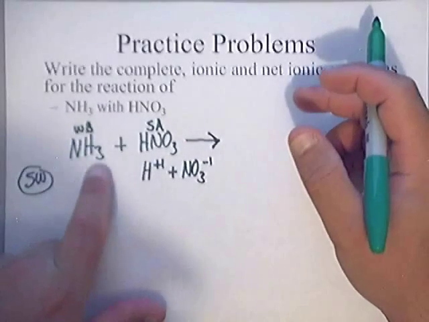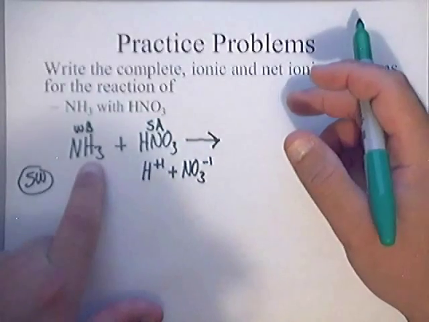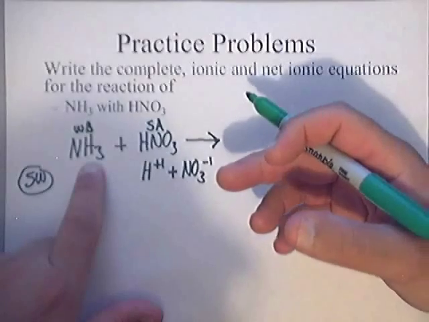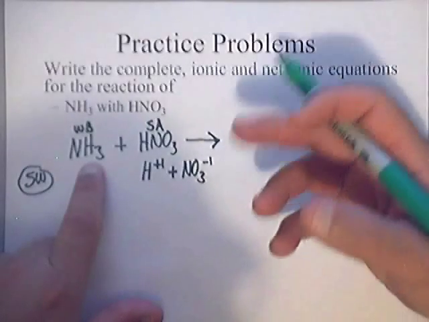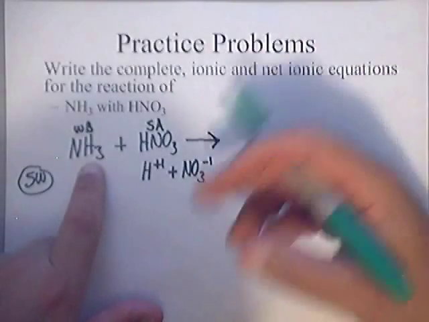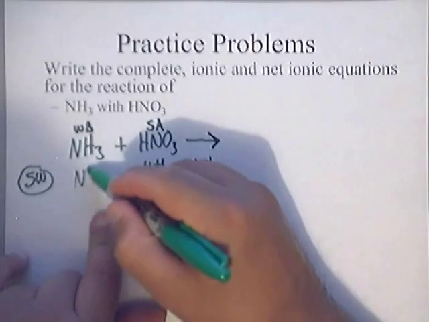Now, this ammonia here doesn't have a hydroxide. Since it does not contain a hydroxide ion, I do not break it down into ions, meaning I don't even show it's got a charge or its lone pair or anything. I just write down NH3 again.